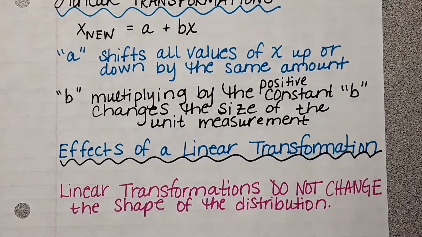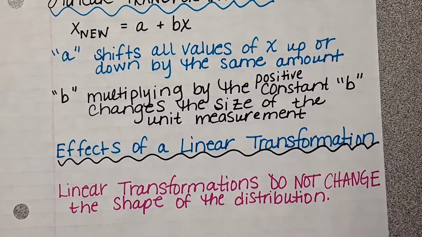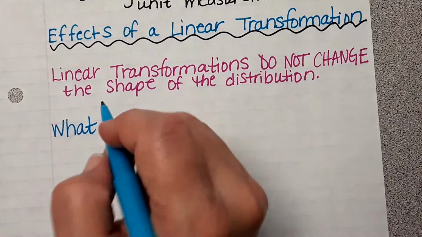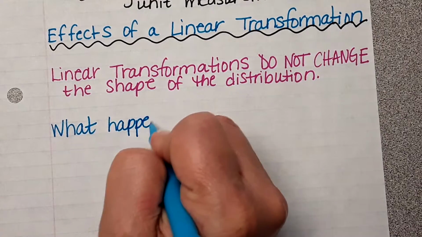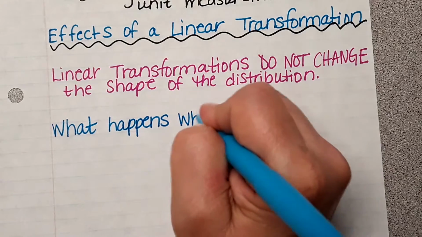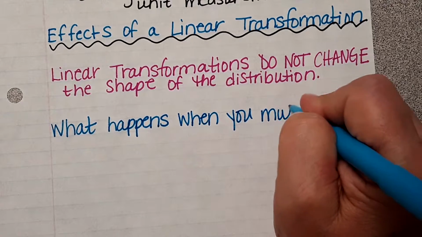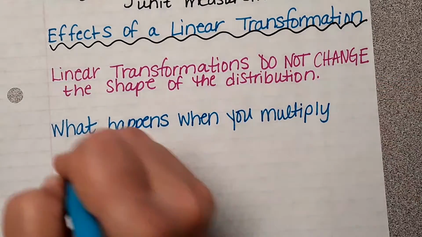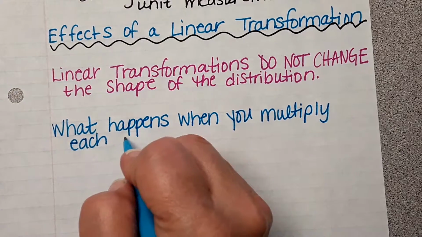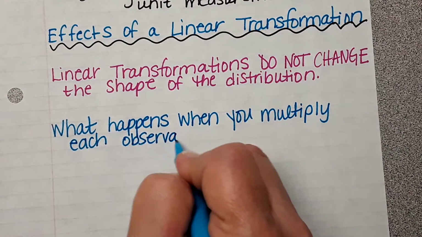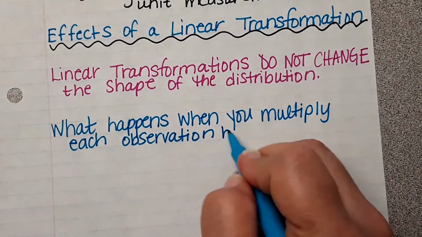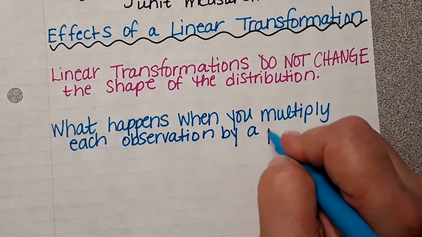Okay. So the first thing is, what happens when you multiply each observation by a positive number b?